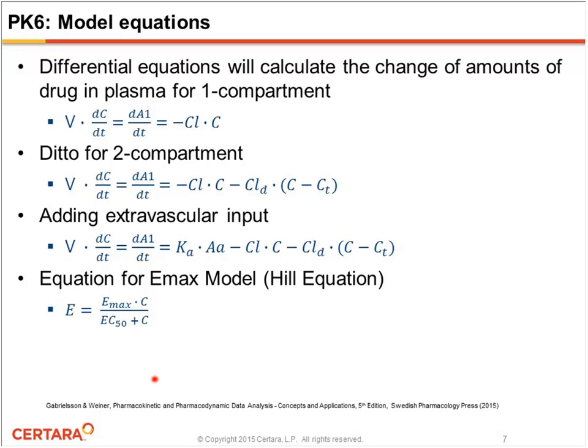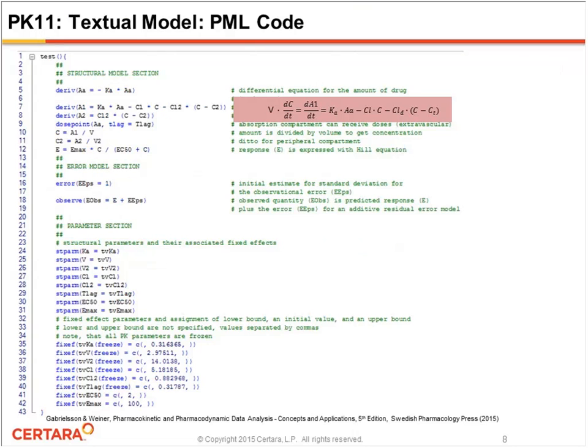So this is a typical starting point. And you see when you go to the textual model, how easy it is to transfer this information to the PML code. And from there, you can try changes and adaptations to better adapt to your specific scenario.